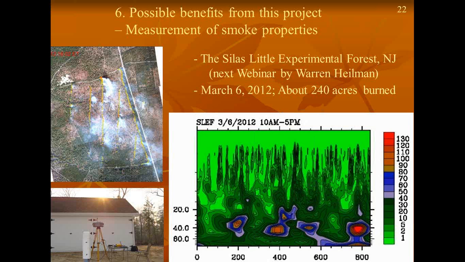One thing is we have the ceilometer, which is used to detect plume rise. It also has the capacity to get the signal with very high frequency variations. This is an example from Boeing in New Jersey 2 years ago. Warren Heilman was conducting another JFSP project. So they need turbulence and also the interaction with canopy, the smoke interaction with canopy.